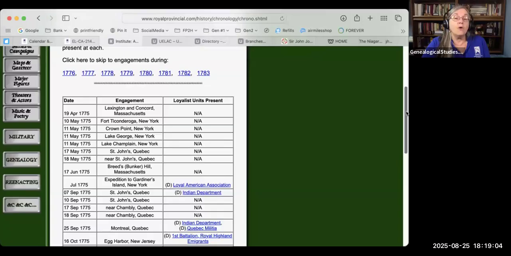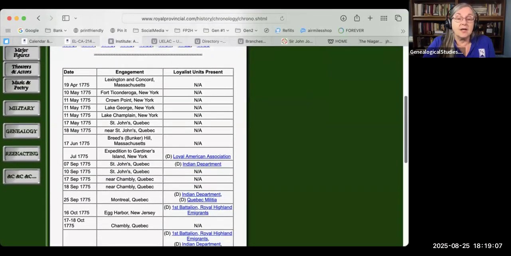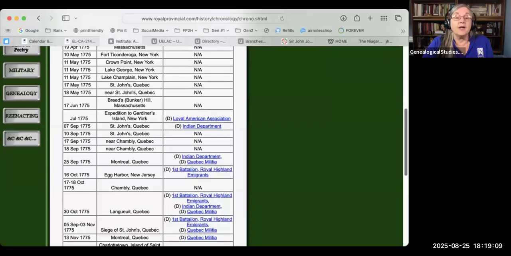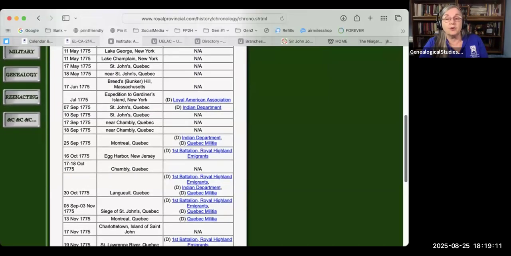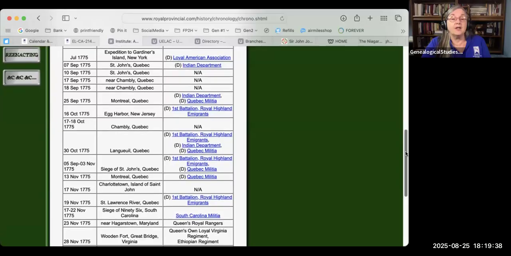If you know that your loyalist ancestor took part in a certain battle or was in a certain place that you've discovered in other documents, because when they came to Canada, for sure they had to state what their service was and what regiment they were associated with, and maybe even what battles they were in or where they were enlisted, that's going to give you clues to then come back here to see if they participated in certain battles.